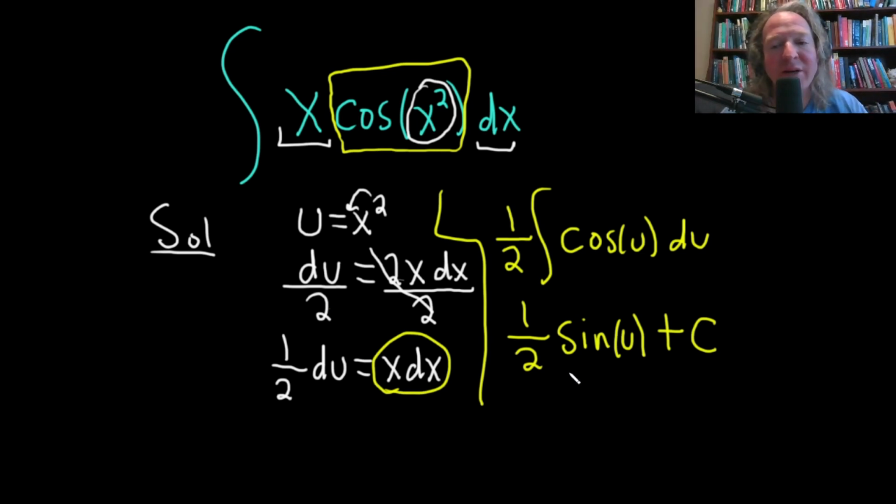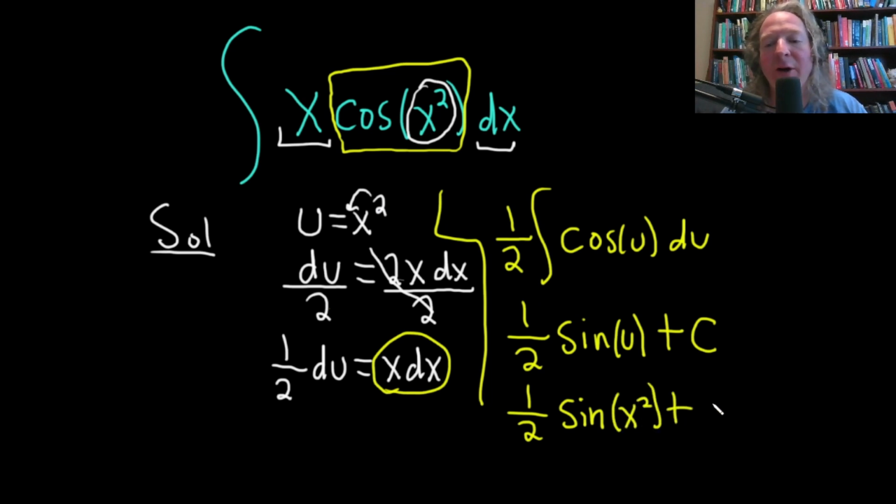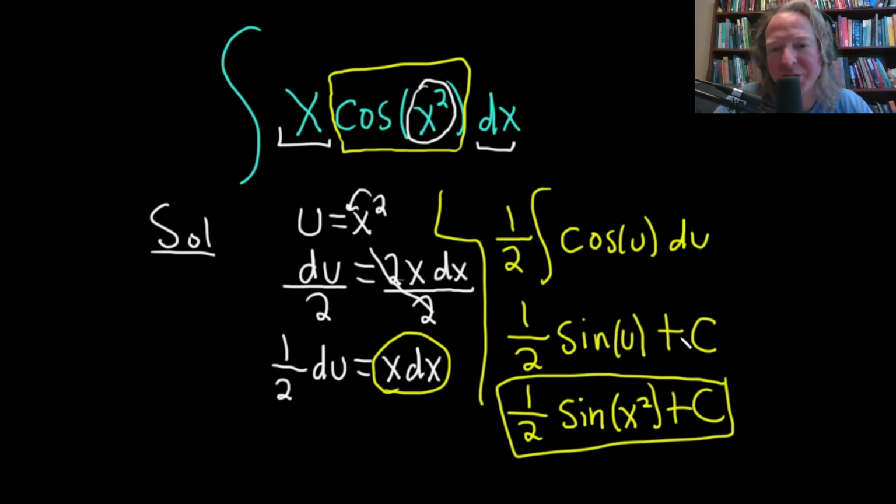We're not done. We still have to go back to the original variable of integration, which was x. So this is 1/2 sine, and then recall that u is x squared. So just put an x squared here. And then we have our plus C, which is our constant of integration.